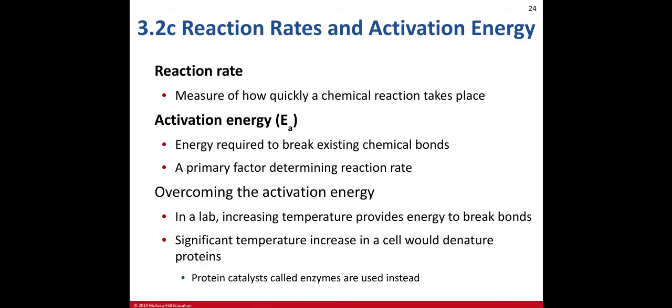In a lab setting, you can increase temperature, and that is going to give energy to break bonds. In a human body, it's not always a good idea to increase the temperature because that would denature proteins and that would ultimately stop reactions. So instead, we're going to use what we call an enzyme or a protein catalyst, right? Making it happen faster instead of just heating the thing up.